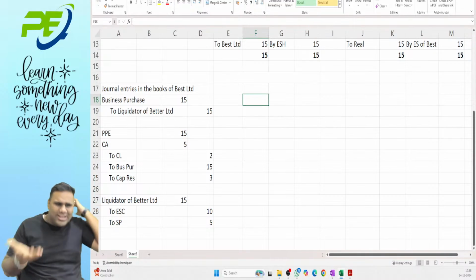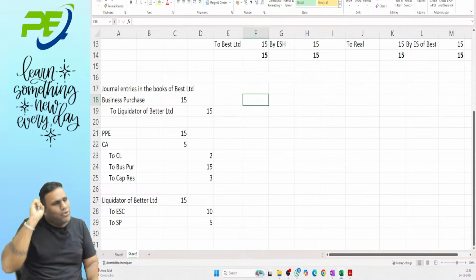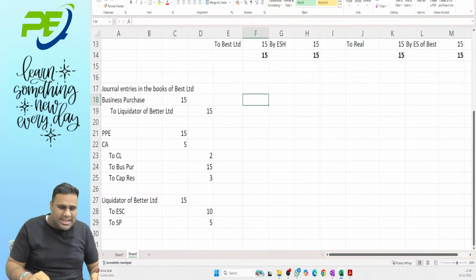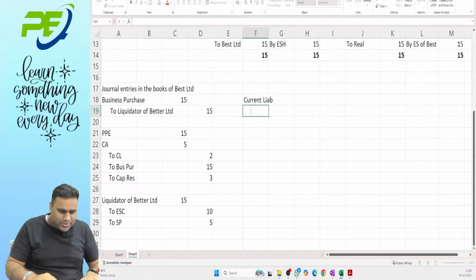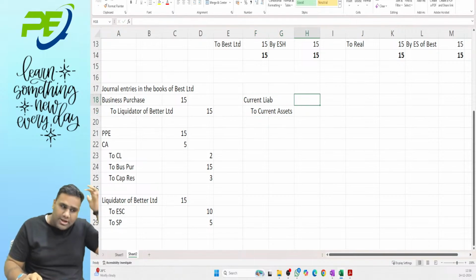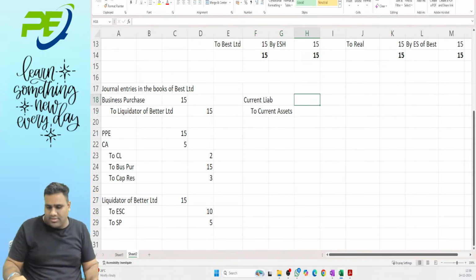Creditor and debtor, it's not given in the question, guys. We have only current asset and current liability. So current liability account debit to current assets, amount 1.